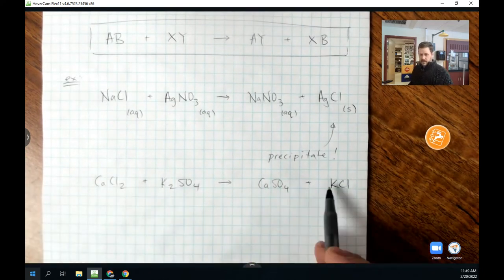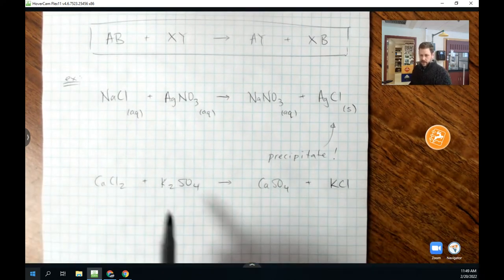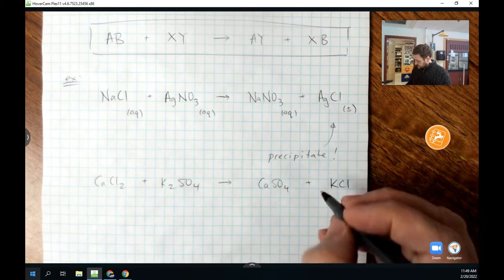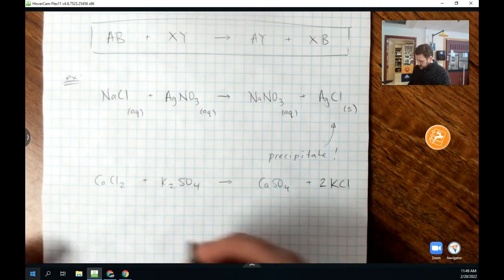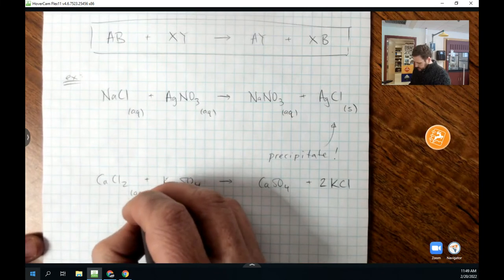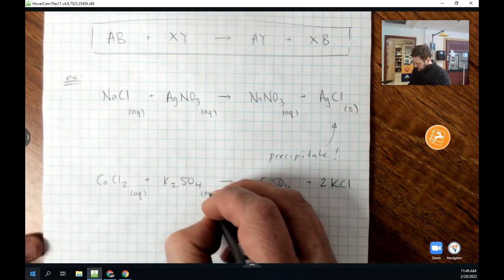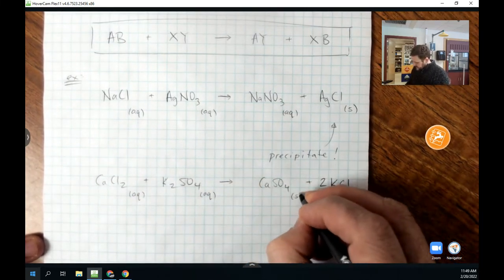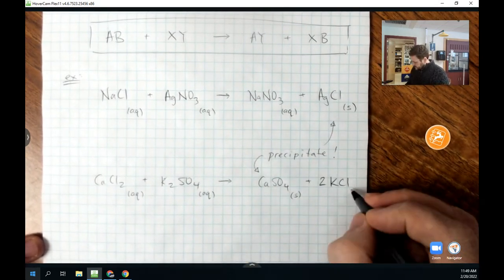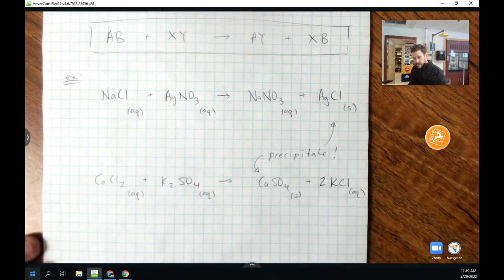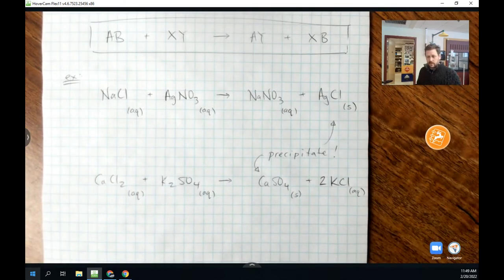Now, we could see that this is not a balanced equation, so I can balance it very simply by putting a 2 here. And we'll learn later how to predict what the state symbols of the products will be, but in this case, calcium sulfate is actually a precipitate. That is an insoluble compound, but everything else I'm going to write AQ for.